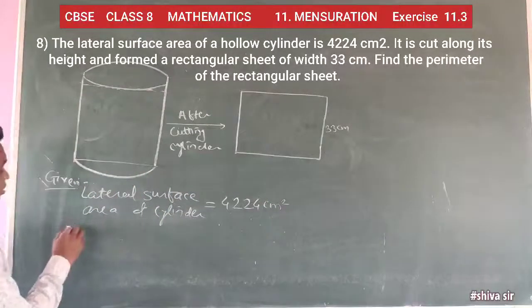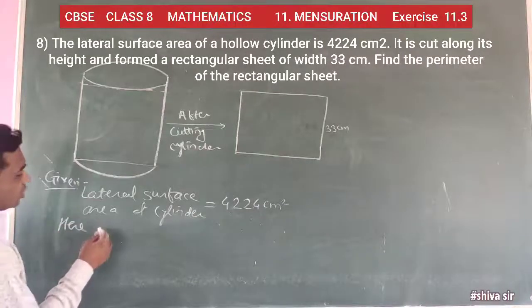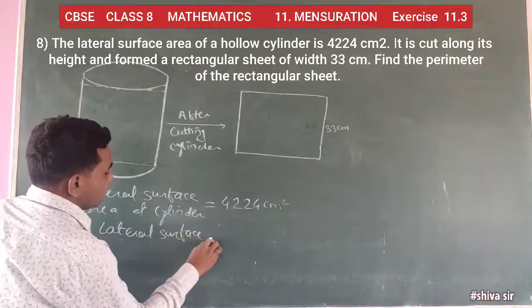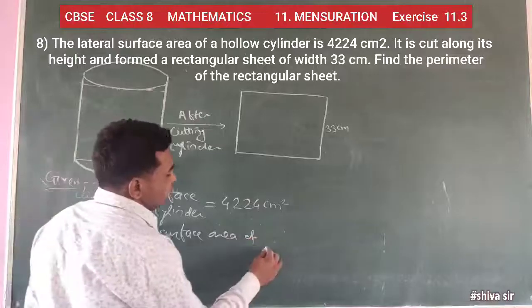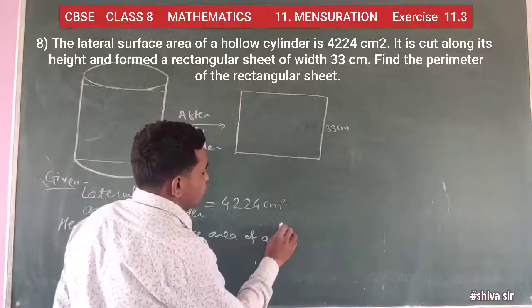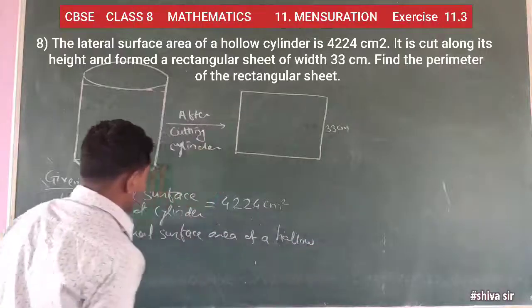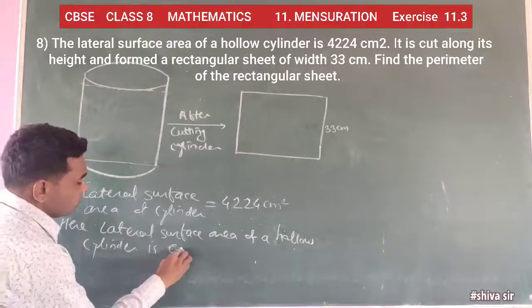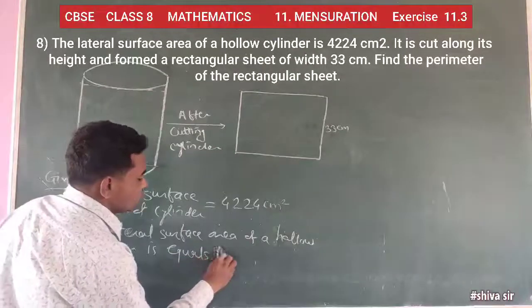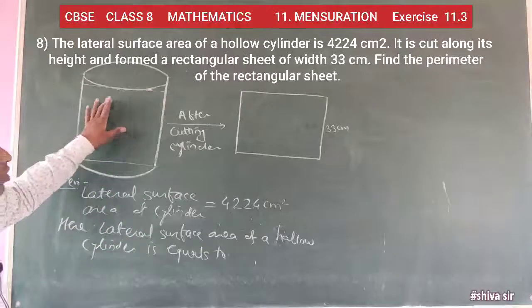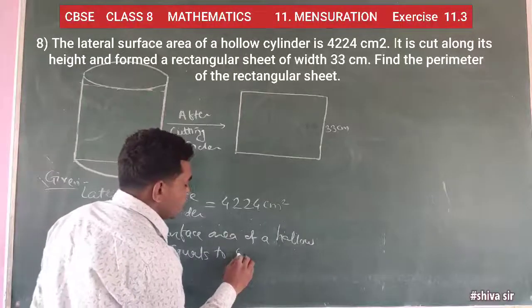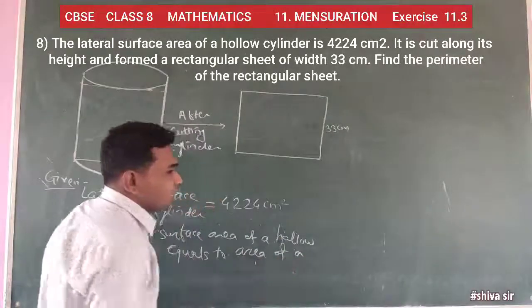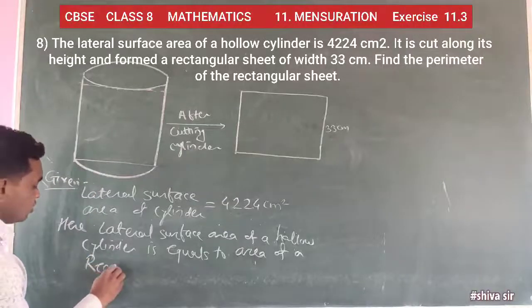But here, the lateral surface area of a hollow cylinder is equal to the area of a rectangle.